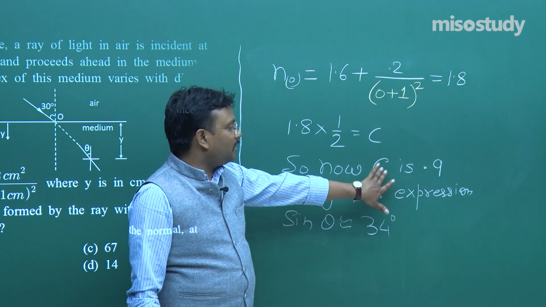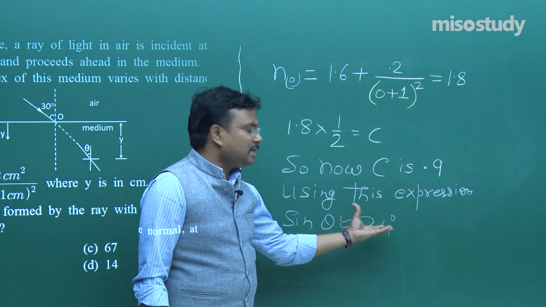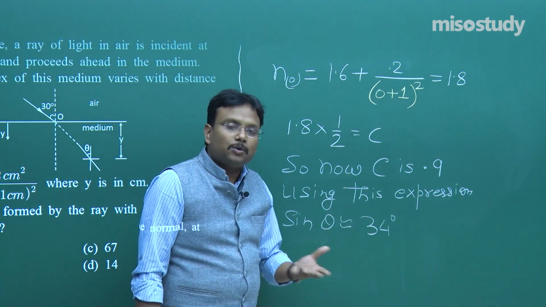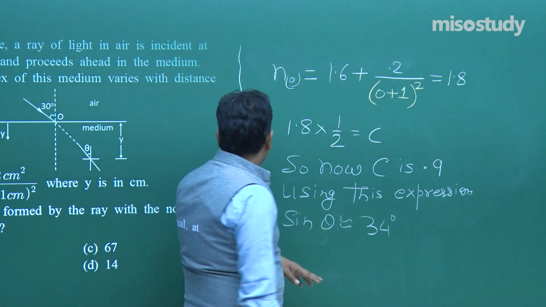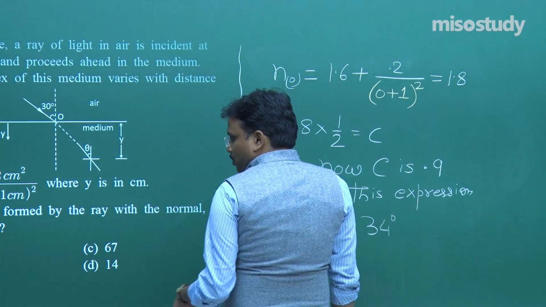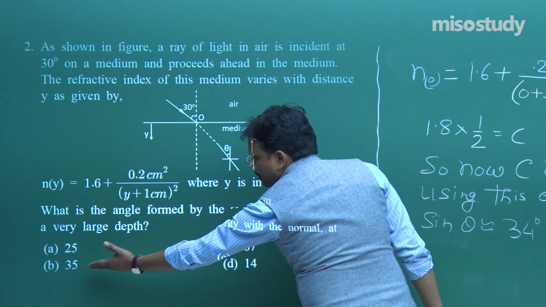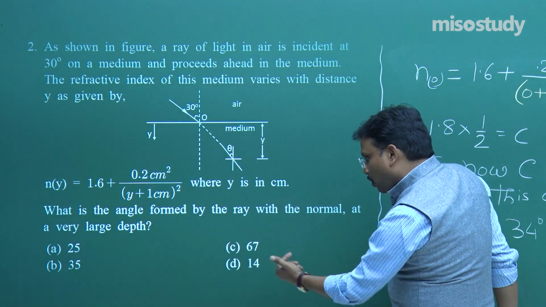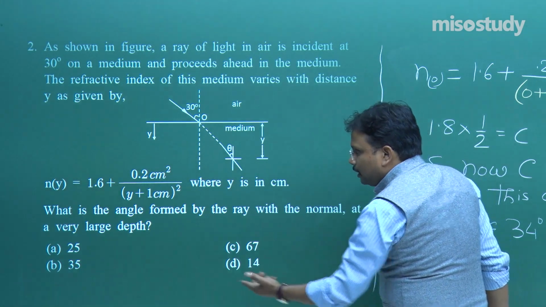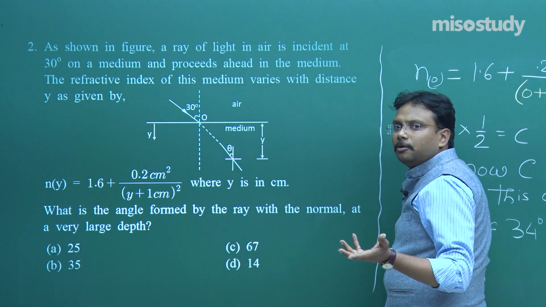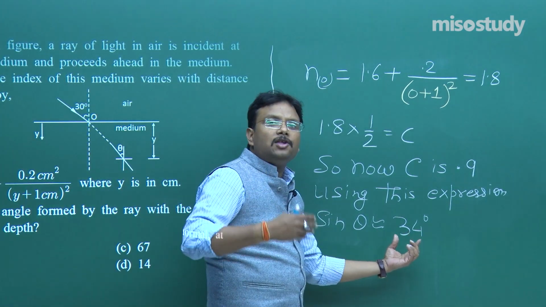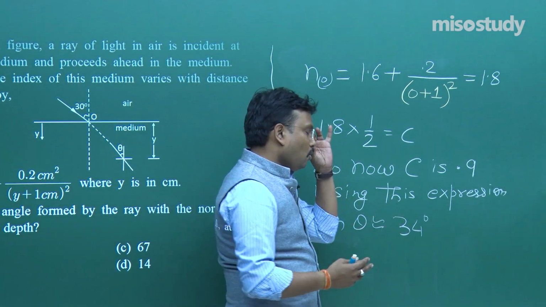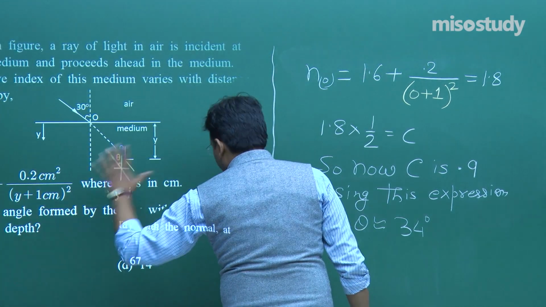Reason being, when the value of c is with you, simple trivial mathematical calculation you all can do. So the value of theta is nearly 34 degrees. So yes, you can say B is the correct option, because 67, 14, 25 obviously not matching. Actually the value you will get is something like 34 degrees, few minutes, few seconds. So the closest correct option is B.